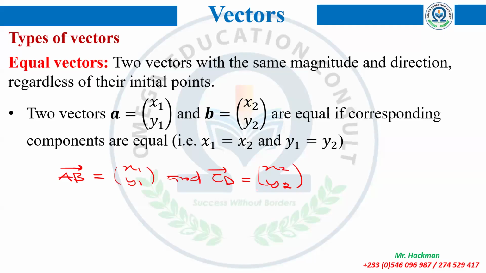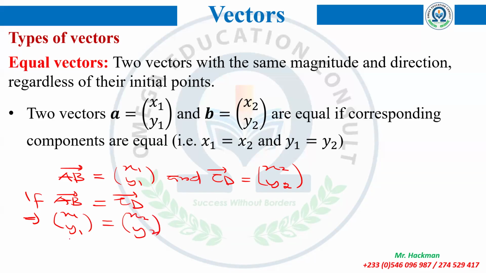So for them to be equal, if vector AB is equal to vector CD, then this implies that vector AB, x sub 1, y sub 1, should be equal to vector CD, x sub 2, y sub 2. And this will only mean that x sub 1 should be equal to x sub 2, and y sub 1 should be equal to y sub 2. So this should be equal to that before you can say that they are equal.